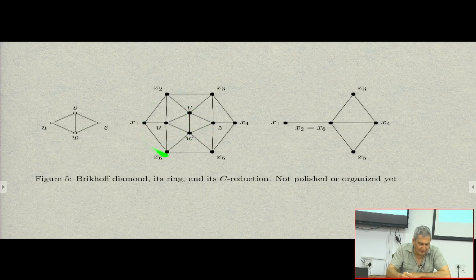So instead of this, when he identified these two, he will have this situation. He will remove V, W, and Z. No, he actually identifies all this into a vertex with x4.